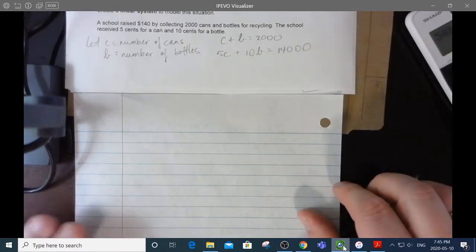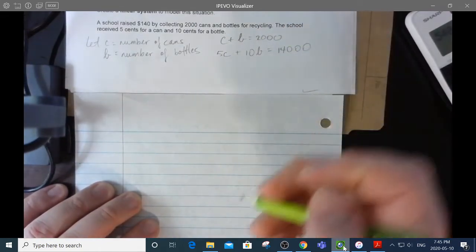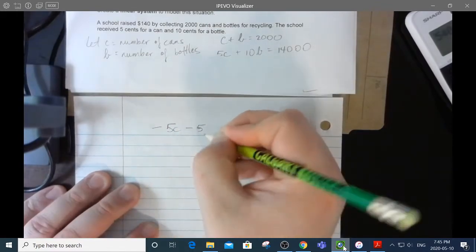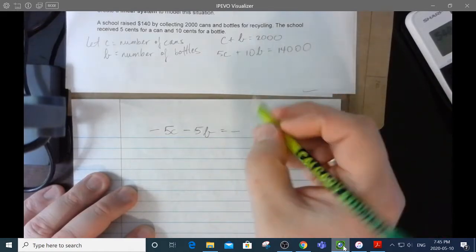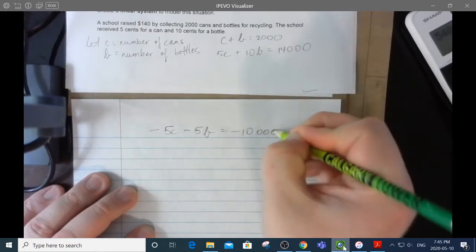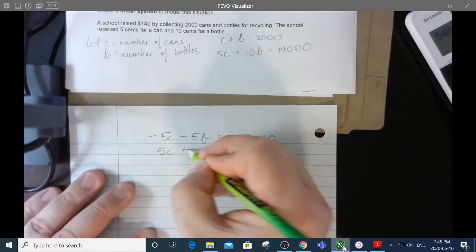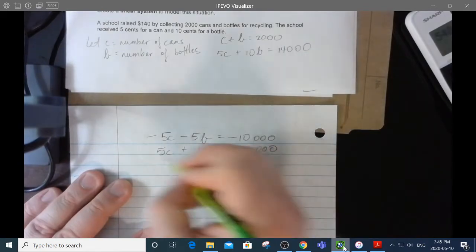So I think I'm going to do this one by elimination. I'm going to multiply both sides of this equation by -5. So I have -5c minus 5b is equal to negative 10,000. And I'm adding this equation to 5c plus 10b is equal to 14,000.